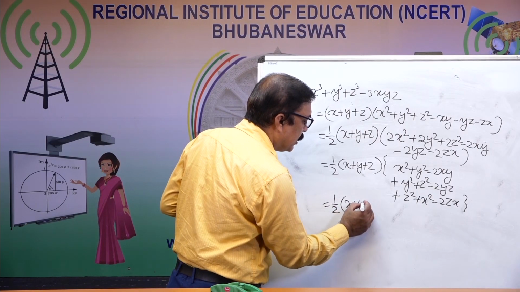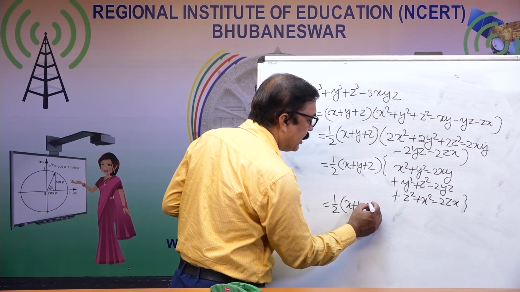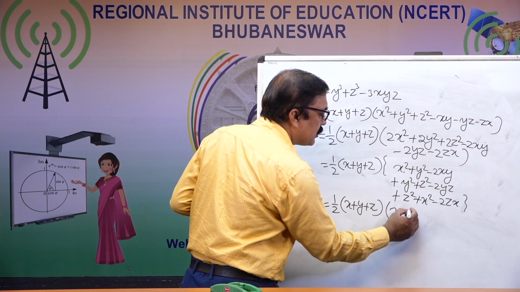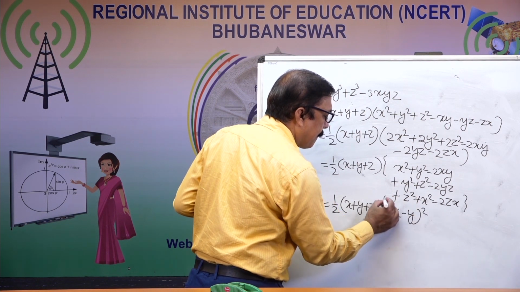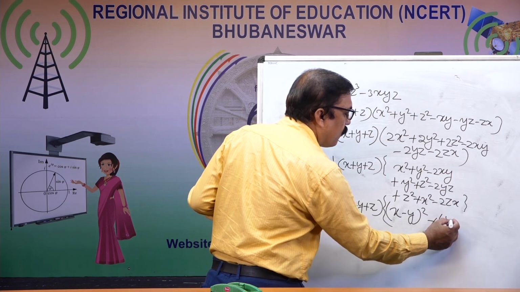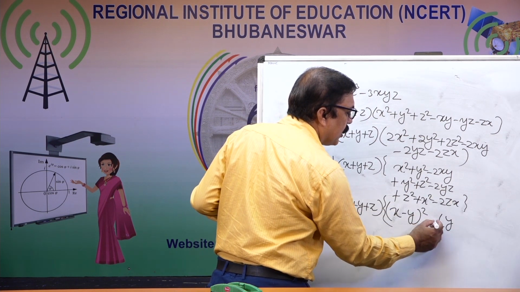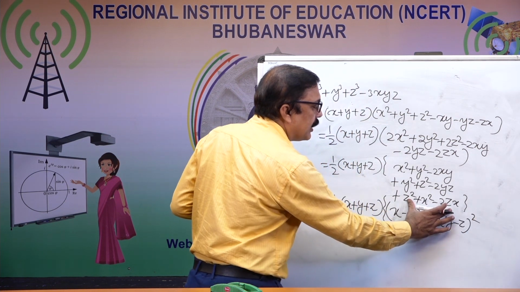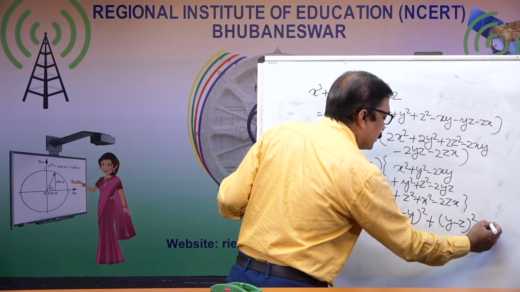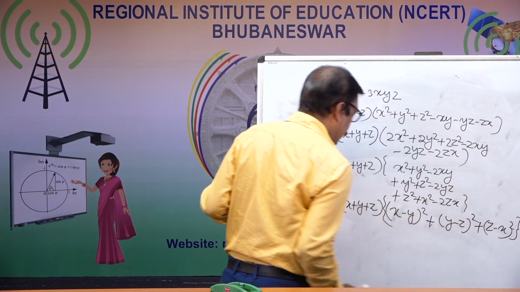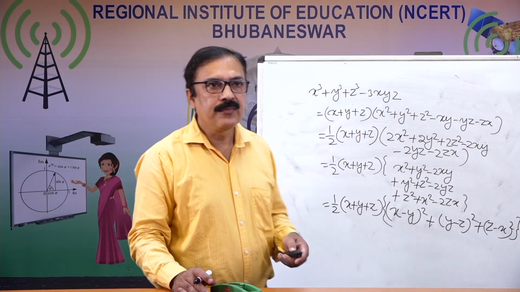Each is an identity. This is identity of x minus y whole square, and this is identity of y minus z whole square, and this is identity of z minus x whole square. So we can prove this.